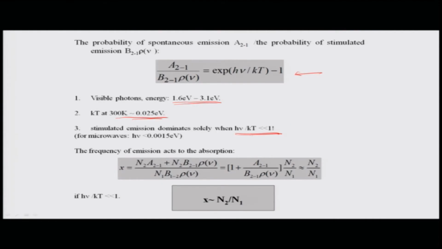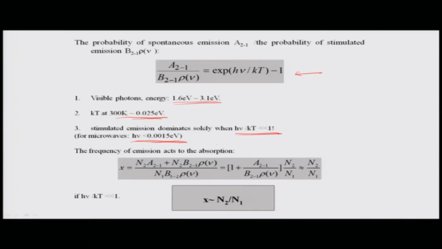So it is very difficult to get this condition. In the case of microwaves, however, h nu is less than this small number, and therefore it is possible. As you can immediately see, generating a microwave situation is much easier, and maybe you can understand why masers were discovered first as compared to lasers.